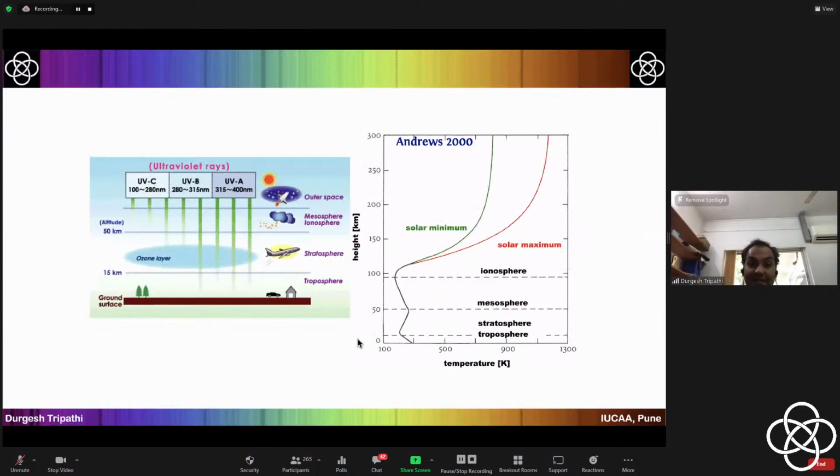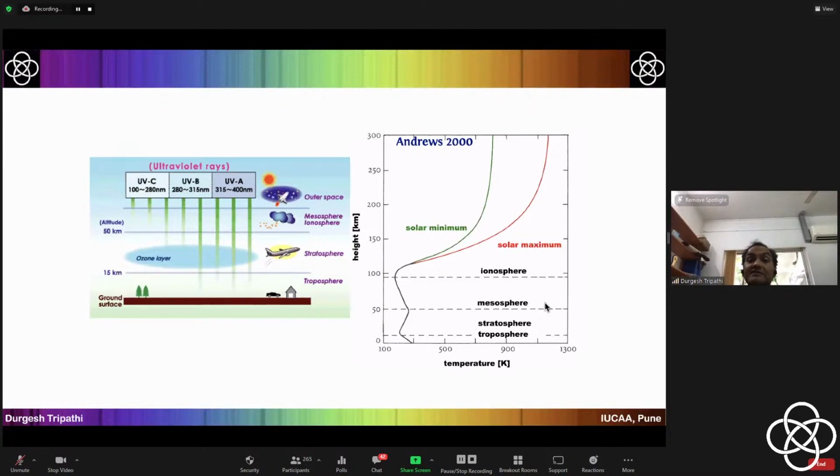Now, I said that it depends on where you are in the solar cycle, whether it is solar minimum or solar maximum, the temperature in the Earth atmosphere. So at solar minimum, the temperature at this height of 150 kilometers is going to be about 500 to 600 Kelvin. Whereas at maximum, at the same height, the temperature will be about 1000 Kelvin.